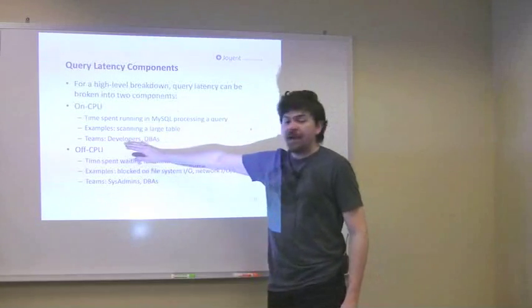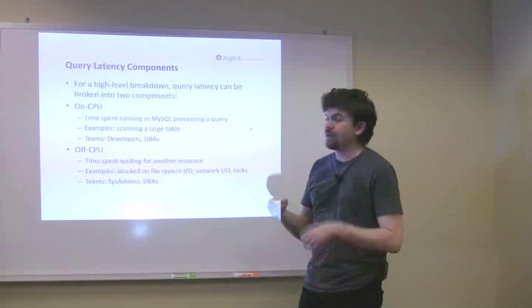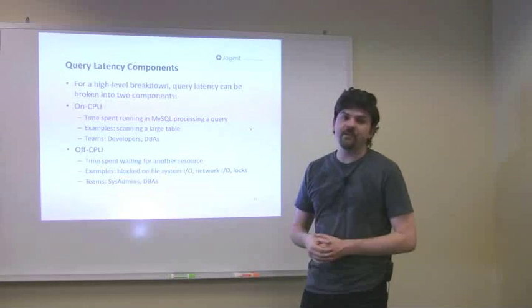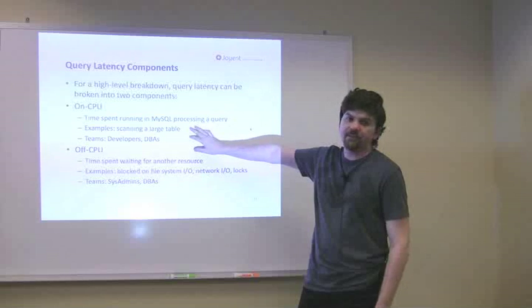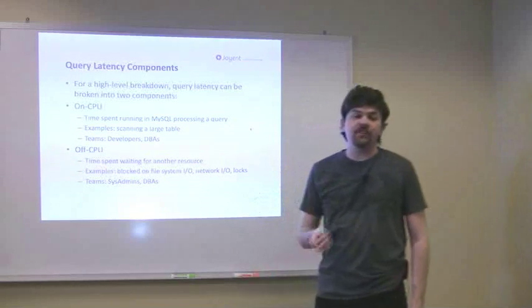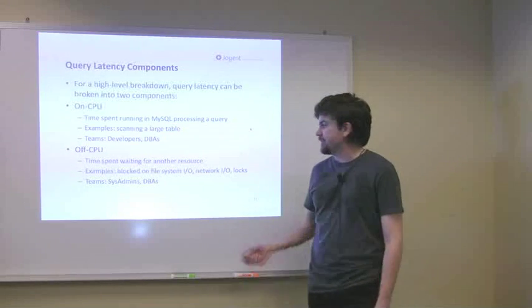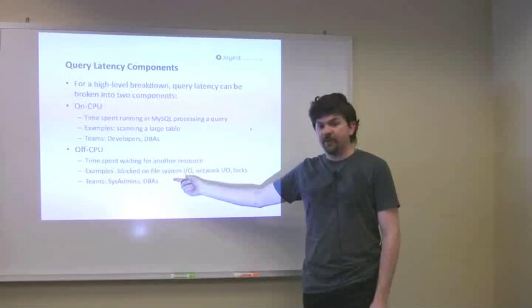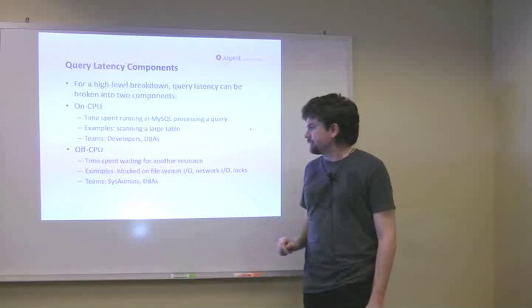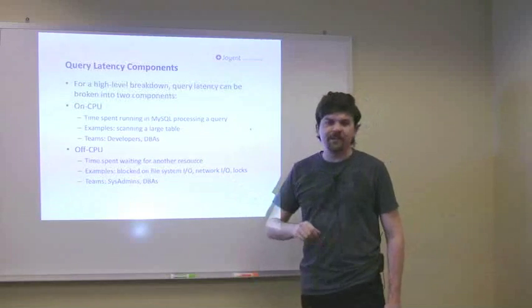If I have slow queries and it's because MySQL is on CPU the entire time, I can direct that to the developers and the DBAs because it's spending time inside MySQL. If, however, I have slow queries and they're off CPU, they're blocked on a resource, I can ask the system administrators to check it out because it might be blocked on file system I/O or network I/O. It may also be blocked on locks, so DBAs may need to look at that one as well.